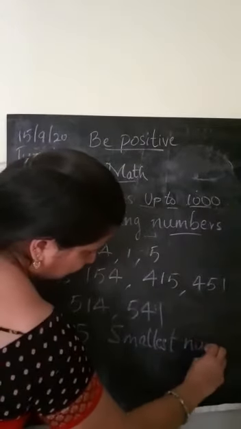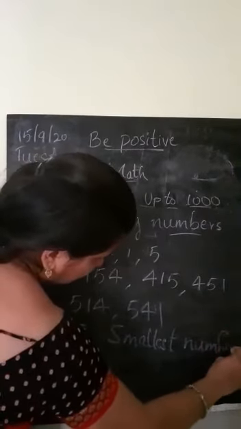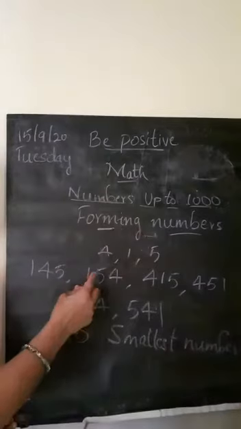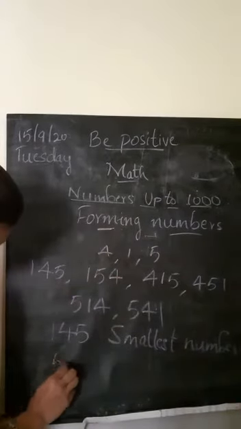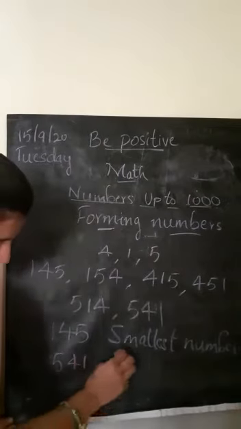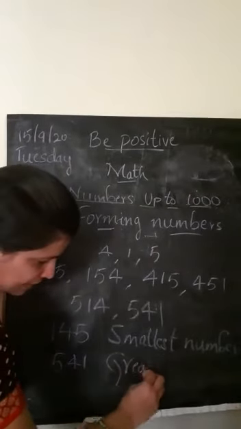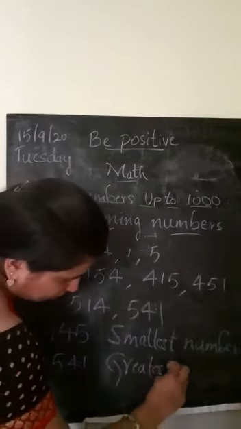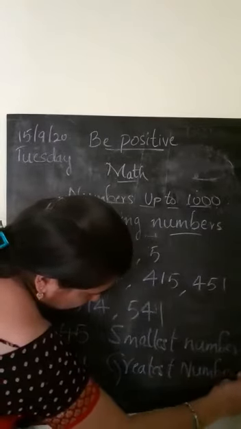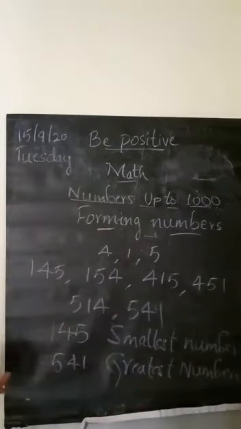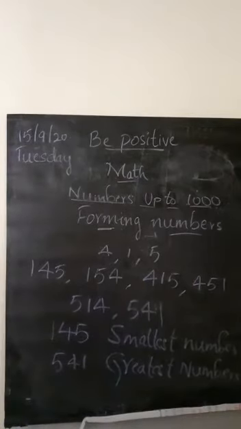And which is the greatest number using these digits? 541 is the greatest number. Like this, we can form numbers without repetition of digits.